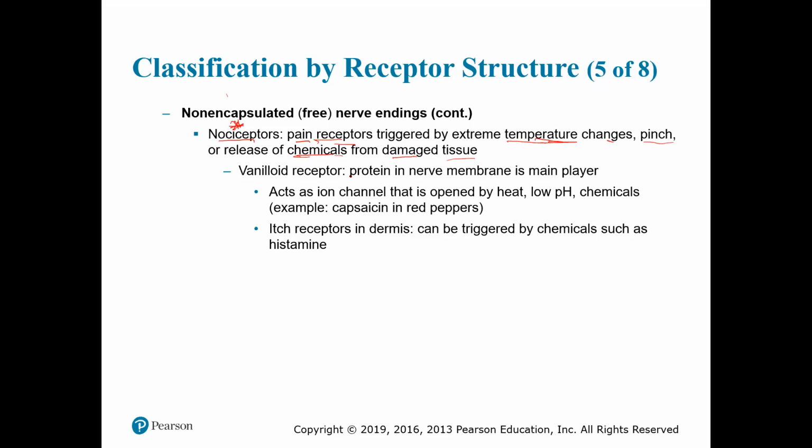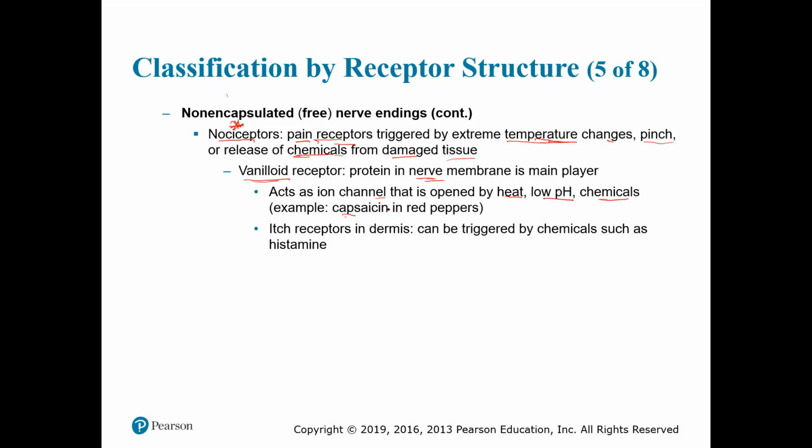A vanilloid receptor is in the nerve membrane. So that's the protein that's in the nerve ending, and it's a channel. Heat, acid, and other chemicals will give you pain, right?